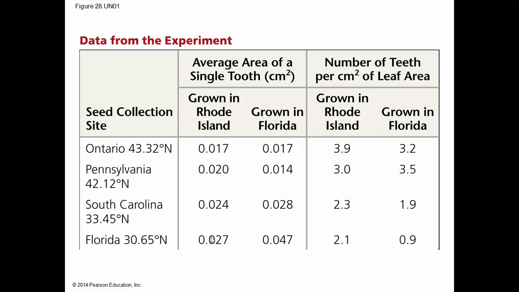Seeds from that same tree grown in Rhode Island have more leaves per tooth area. What you're looking at is the characteristics of the leaf structure. It does seem to vary based on environment rather than genetics. You can get into more detail on page 560.